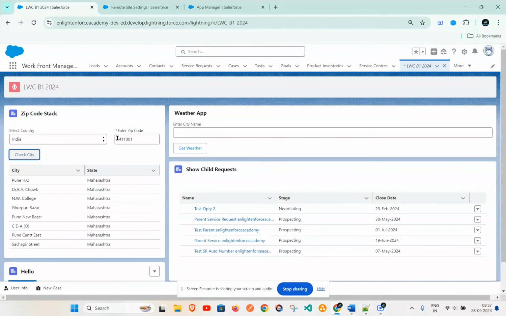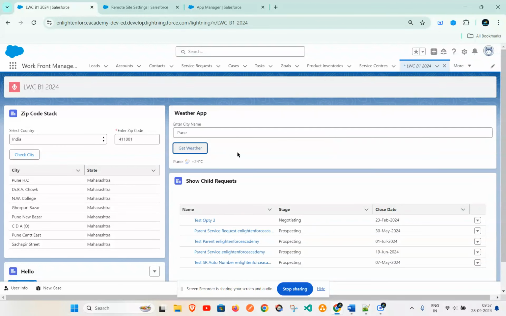This is a request which I am sending to that zip code service, which has its API, and in response I am getting these details. So this zip code belongs to these areas. That's how it becomes very easy. Suppose I want to get the weather of Bangalore or Pune, I can just click that and get it.